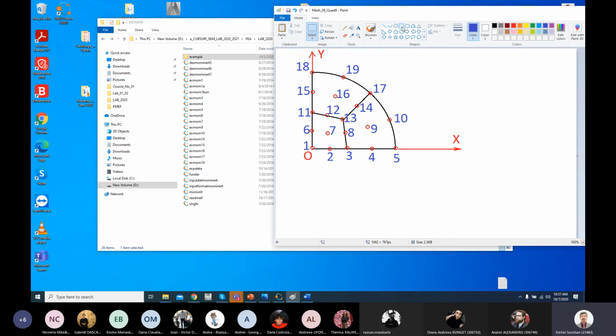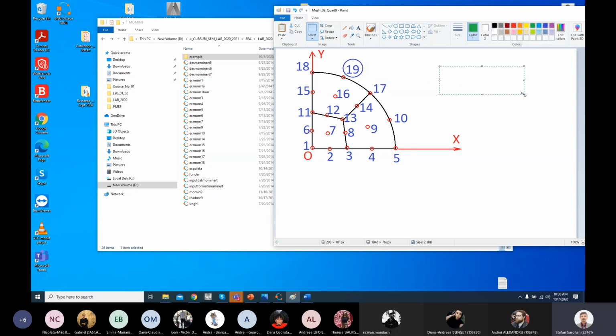So sometimes we can put a circle for the last node. So the total number of nodes in this case will be 19. For the elements, we have only 3. If I forget a node, there will be a problem because we must correct the input data file, but it's not so difficult.